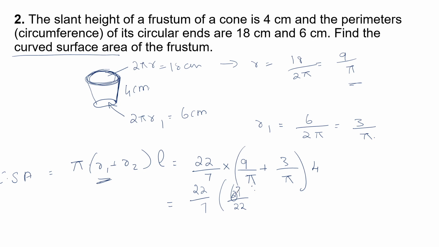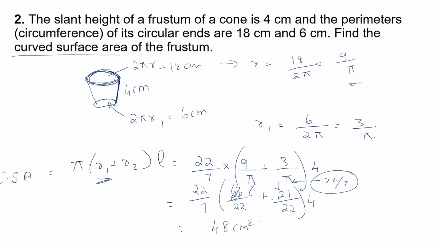This will come 63 by 22 and here 21 by 22, into 4. Just substitute pi equal to 22 by 7 and you arrive at this. After calculation, you get 48 centimeter square.